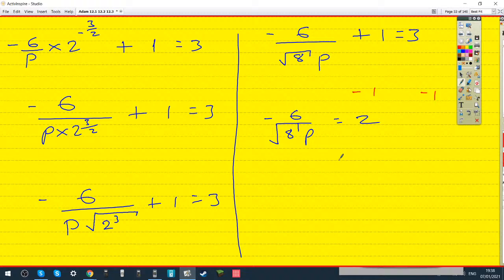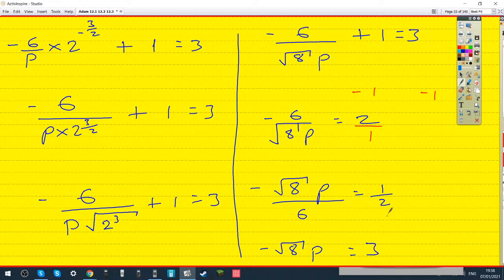I'd flip both sides to get the unknown on the top. So root 8 p over minus 6 is equal to a half. And then would you divide by 6 on both sides? Opposite of divide by 6, times by 6, sorry. Which is 3.